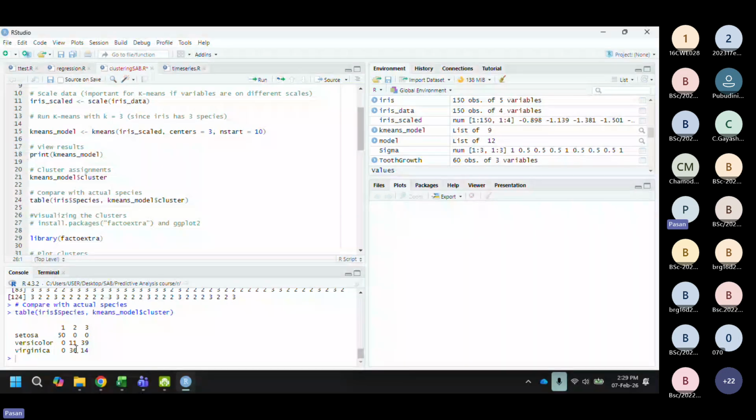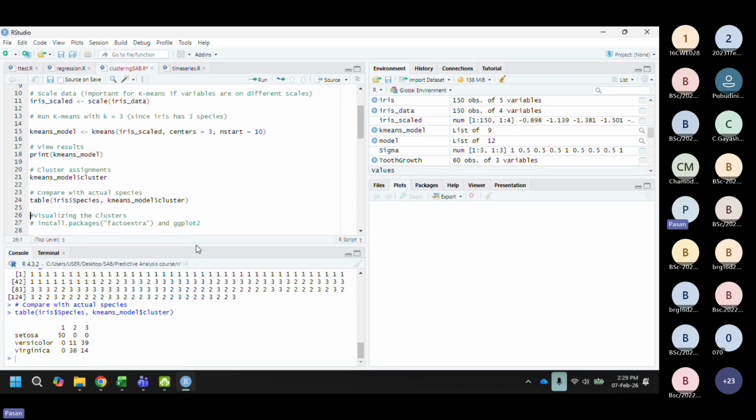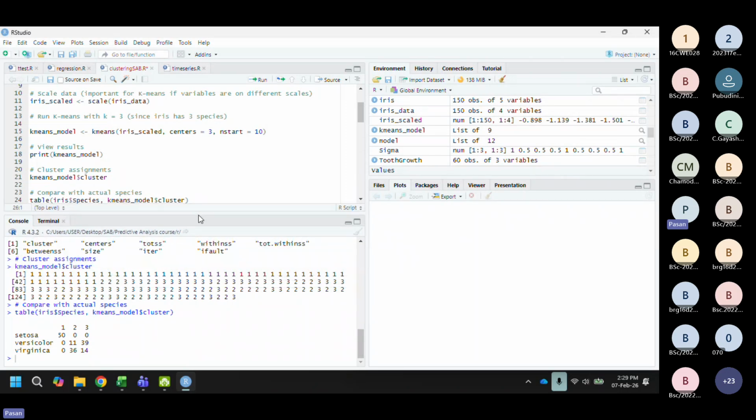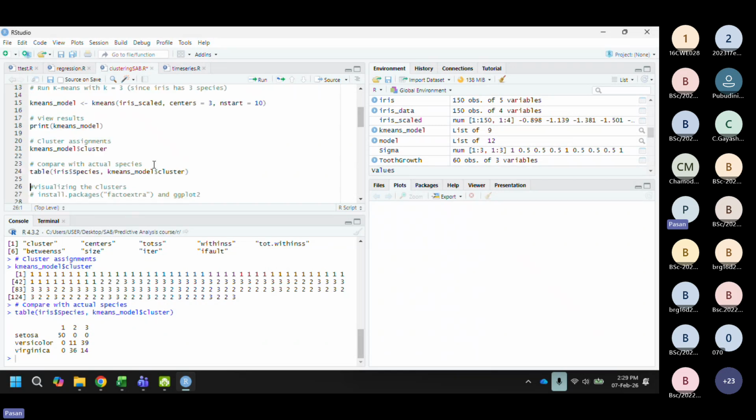That means we need several other measurements to put them into the correct clustering perfectly. Practically, whenever you are collecting the data, if you have some idea, then you can arrange them. But otherwise, we don't always have such a table, so it depends on how you collect your data.